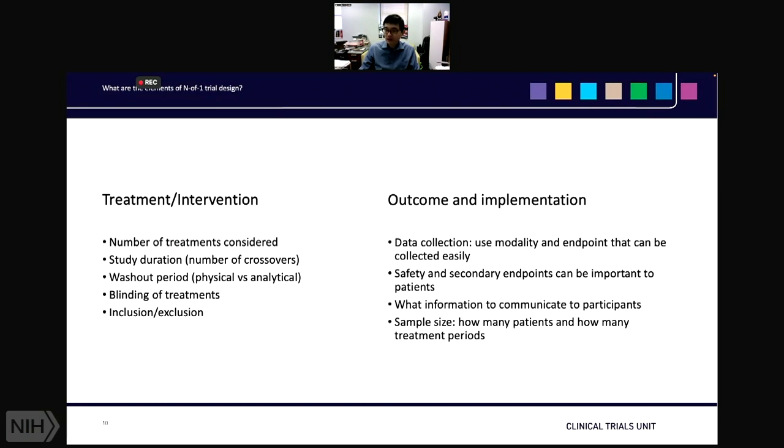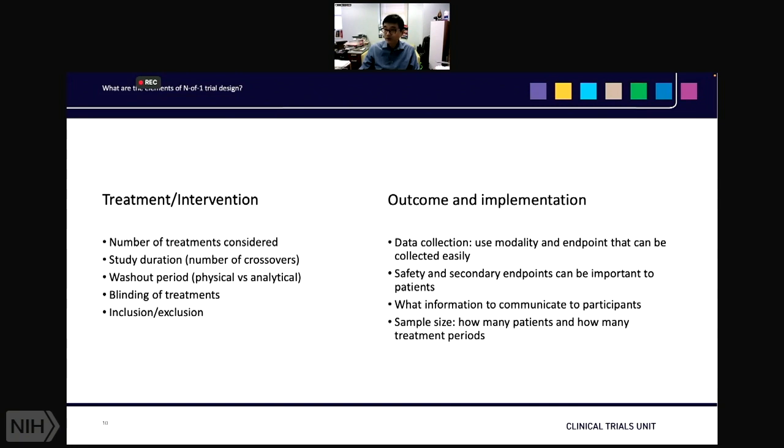The last point about study design on the left column is inclusion and exclusion. I think one advantage of running an N-of-1 study is that when we run a conventional RCT, we have a list of inclusion and exclusion criteria, and the basic idea is we want to exclude a lot of patients with a lot of comorbidities, right? And that may make things not feasible in an RCT.